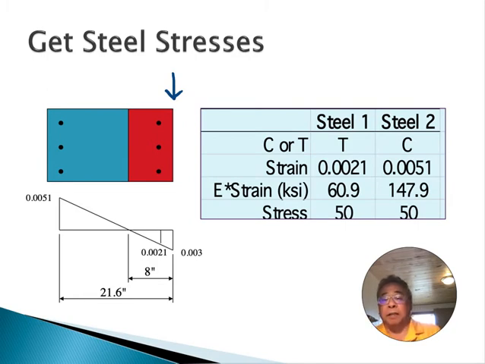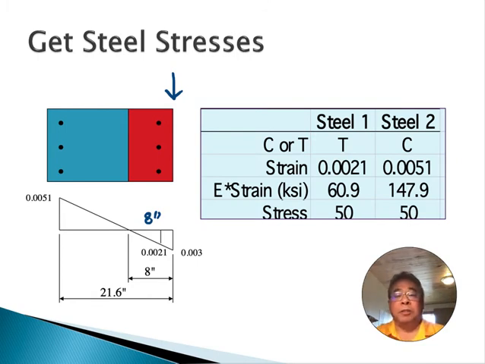That's the definition of failure, when the far fiber equals 0.003. We're given that the neutral axis is 8 inches right here. Let me draw it on the diagram. We know that's 8 inches.